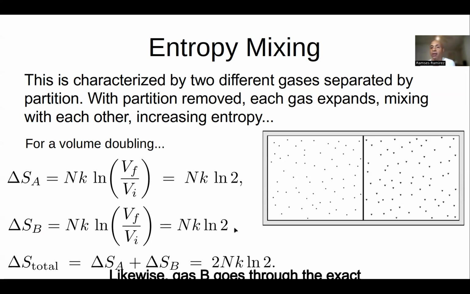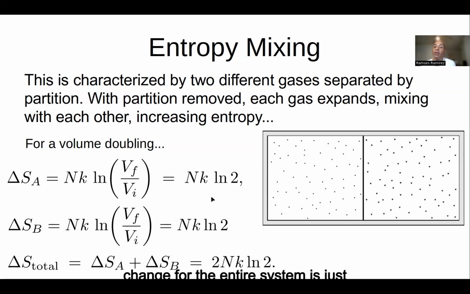Likewise, gas B goes through the exact same process, right? It also expands into the other half where A is and mixes with it. But because it goes to a volume that's twice what it was originally, it also goes through an nk natural log of 2 delta S. So that's how much its entropy changed.